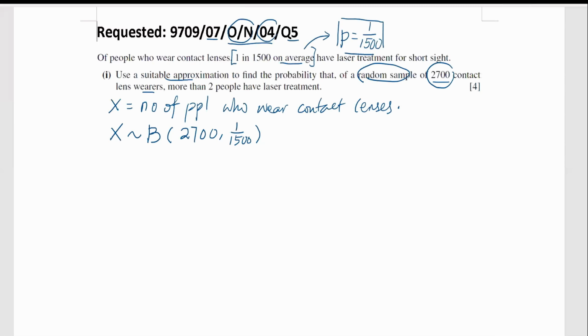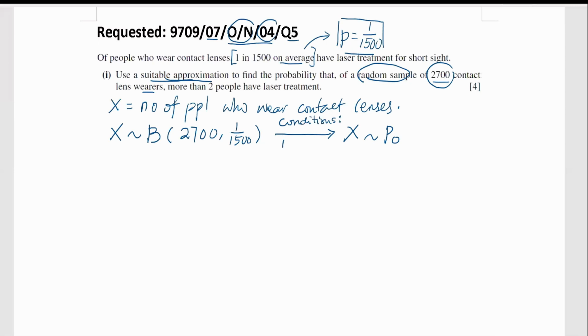As the question says, using a suitable approximation, what we learned in the syllabus says it has to be a Poisson approximation, because of the conditions.